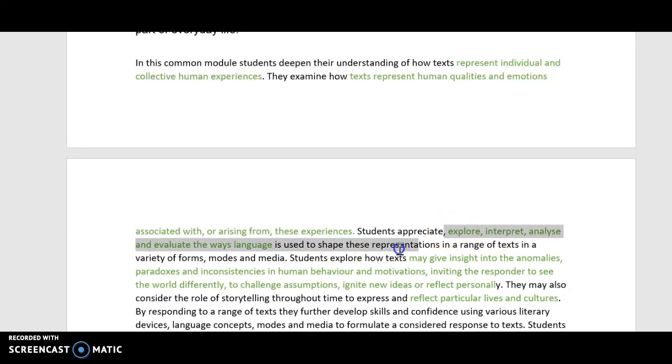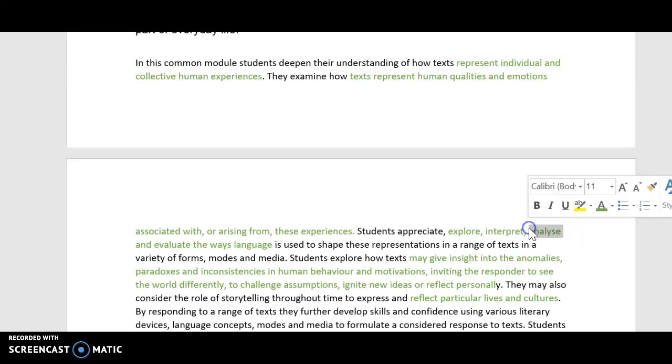In the explore, interpret, analyse, and evaluate. As soon as you get a how question, it's telling you to analyse. So that is, if you're going to do the minimum, which you're not going to do, of course, but that's the lowest level that you should be getting to in a how question is analyse.